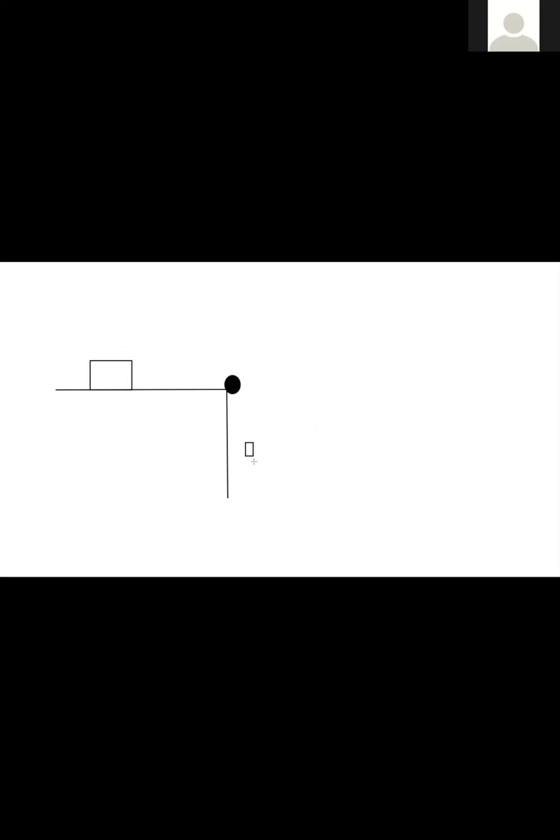There's another object over here hanging down, and they're connected by a light wire. So the wire goes out, and then it hangs down. We'll call the objects B and A.